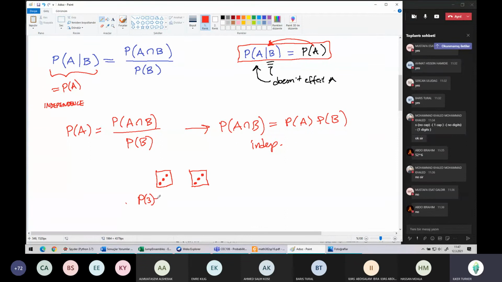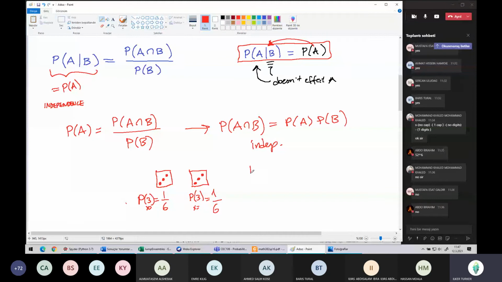Probability of 3 is 1 over 6. Probability of x equals 3 is again 1 over 6.